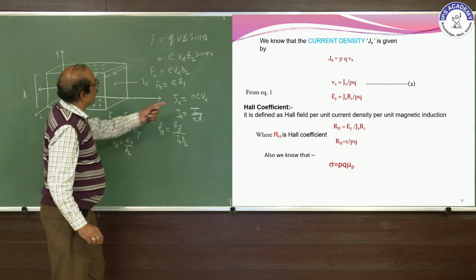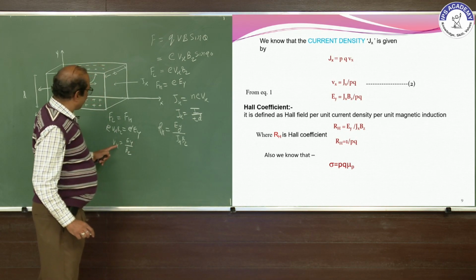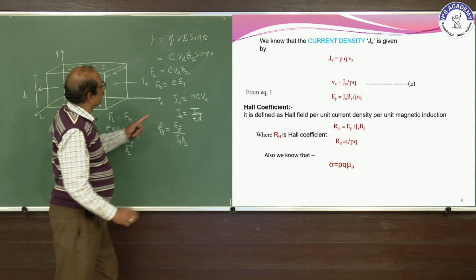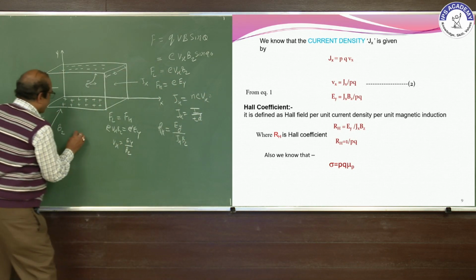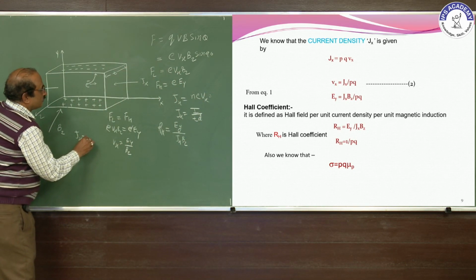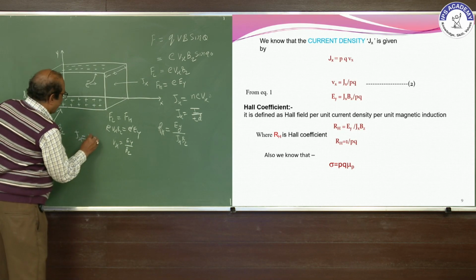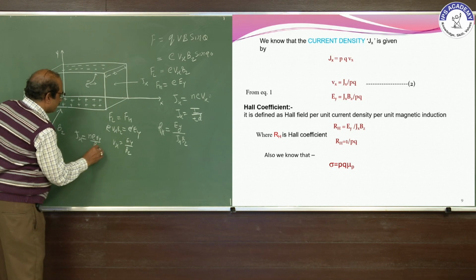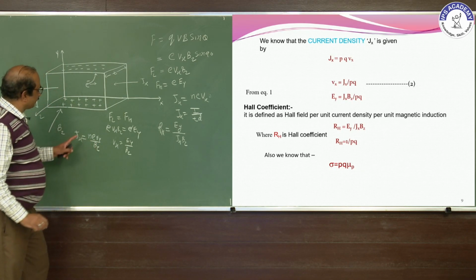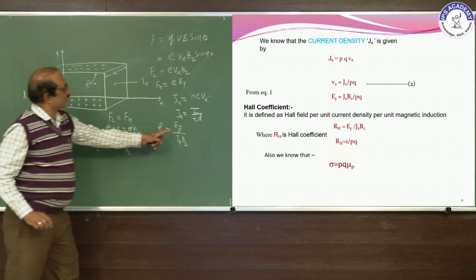J equals neVx, so we put the value of Vx from here, and we get Jx equals ne Ey upon Bz. Now put this value of Jx into this equation.